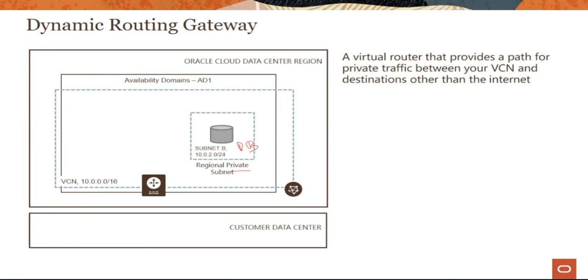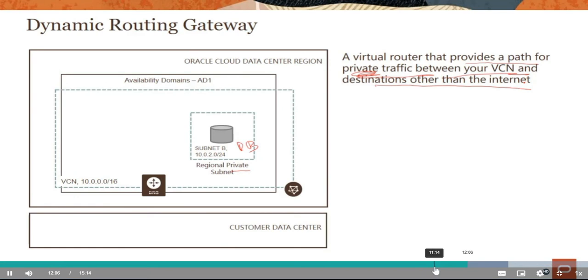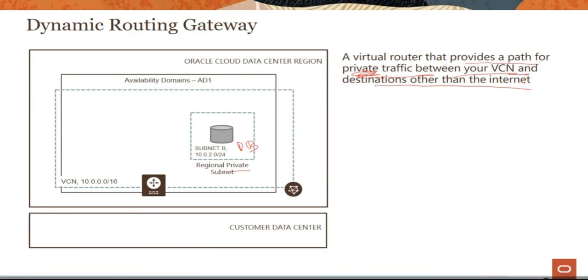For those use cases, we again have a managed service called the dynamic routing gateway. It's a virtual router that provides a path for private traffic between the VCN and destinations other than the internet. So you're not going to the internet, so you're not using an internet gateway or NAT gateway, or for that matter a service gateway going to a public OCI service, but you're going to your on-prem environments.